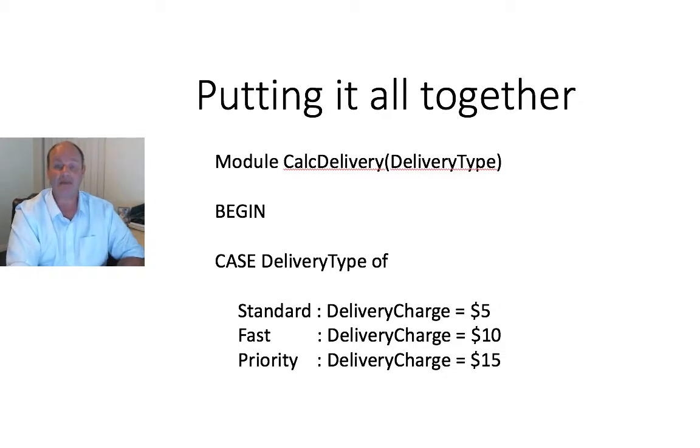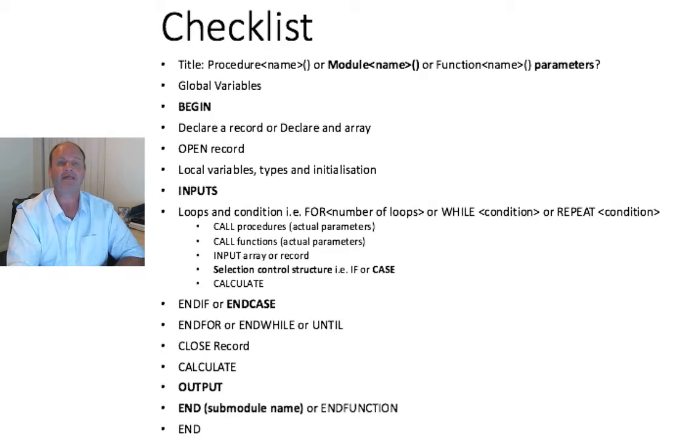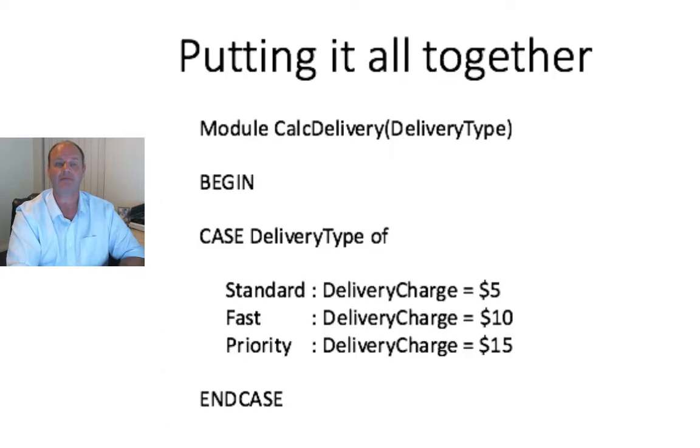We use semicolons to separate the condition section and the action section, which is the delivery charge. The options in the case statement are indented so that it is easy to read. Then, as you can see in the checklist, if we open the case statement, we need to use the end case to close the case statement, as you can see here.